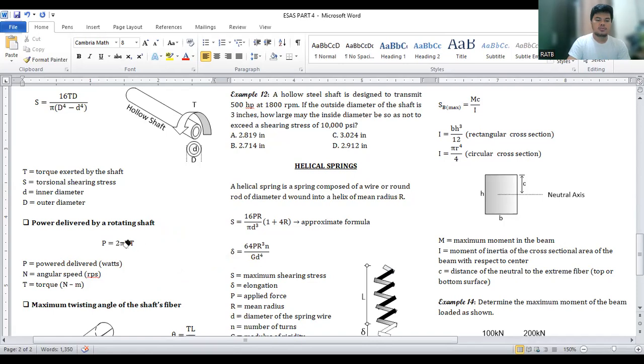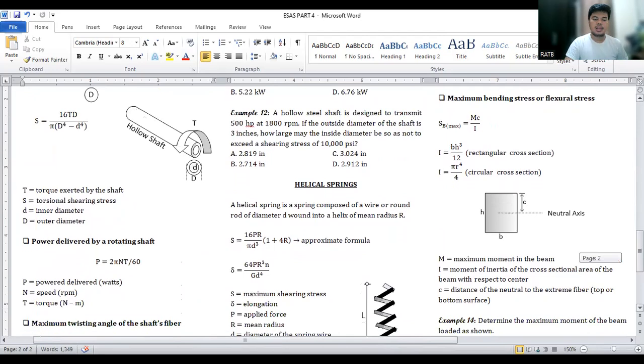So power would be equal to 2 pi N T over 60, where N is in RPM and torque, of course, in newton meter. That's the power developed by a rotating shaft, whether it is solid or hollow.